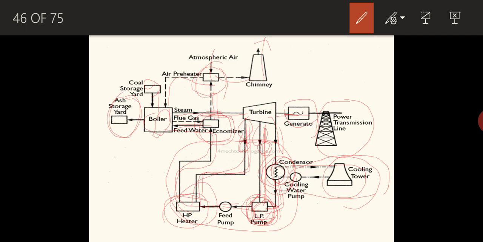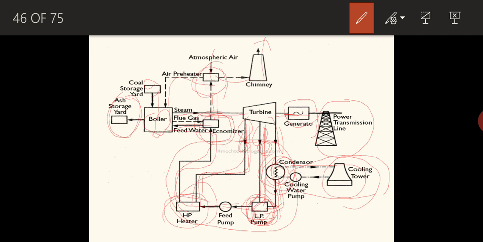The same thing happens in the high pressure heater, but here the steam is bled from the initial portion, so that is high pressure steam. A small quantity of high pressure, high temperature steam is mixed with the water. So further temperature rise will be there inside the high pressure heater. That heated water will finally pass through the economizer, where it interacts with the flue gases, and further temperature rise will be there, and it is finally fed into the boiler.